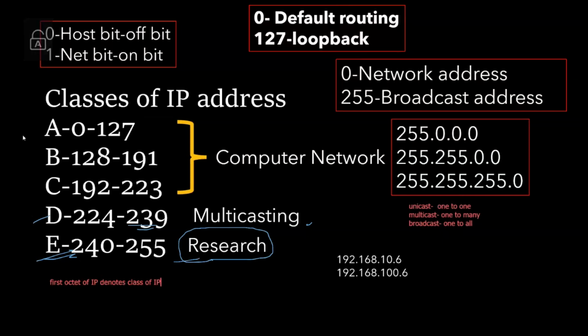Right? So that means the first octet of your IP address denotes the class. You don't have to check the second, third, or fourth octet. If you want to find the class of an IP address, you need to check only the first octet.